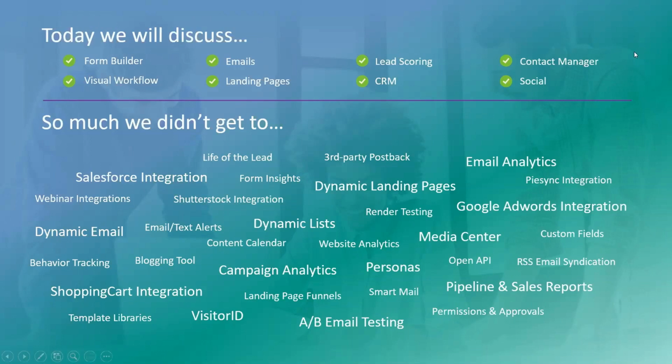So Contact Manager. This is where all of your contacts and leads are scored. In Contact Manager, you are able to do email syncing, which means that if your sales team has a synced email, then all their communications with that prospect will actually be captured in the CRM. They don't need to do anything.